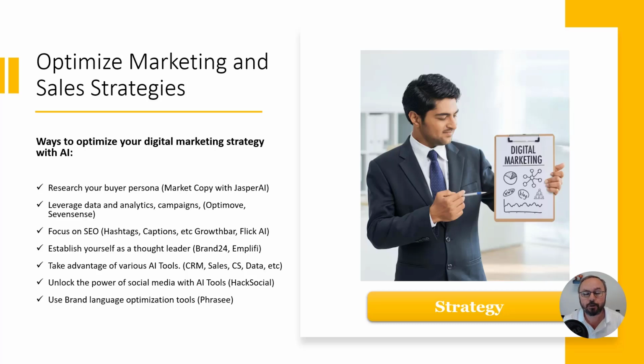Now, Growth Bar is a great tool, and Flick AI is another popular tool out there that can help with some of these areas. And also, just be aware, by no means are these exclusive. For every tool here, there's probably 5 others that can help in certain areas as well. So just be aware of that.